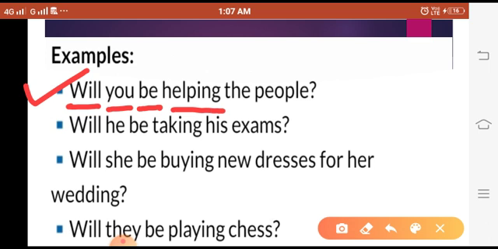Helping is the main verb or fourth form of the verb, which is present participle form of the verb, and the people is object here.